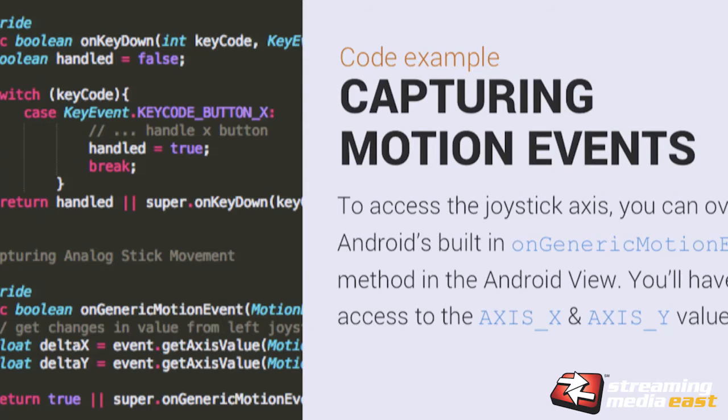You may already be doing some of that for touch events in your existing Android apps. So you're basically taking what you had in touch and you're just looking for the onKeyDown event. Now, if a customer is using a controller and you want to support those analog joysticks, you're simply going to target axis X and axis Y values off the onGenericMotionEvent. So you can see right here I've got a float for X and Y. And I'm just going to return whatever that is.